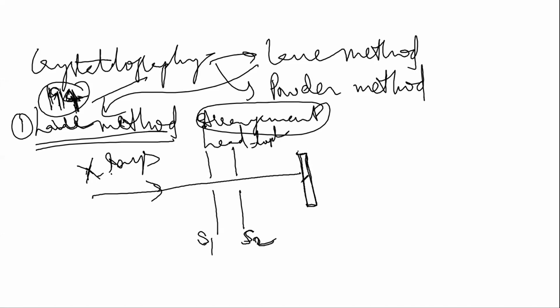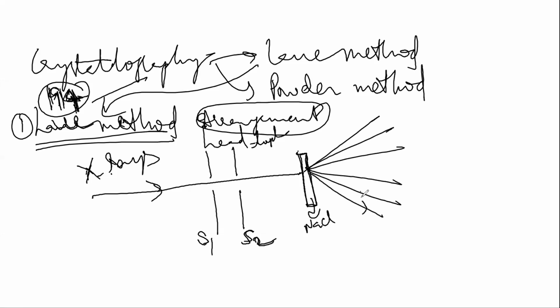Whether it is ZnS or NaCl, the crystal is placed here. Now the X-rays get diffracted here. The diffracted pattern of X-rays is obtained on the photographic plate here.